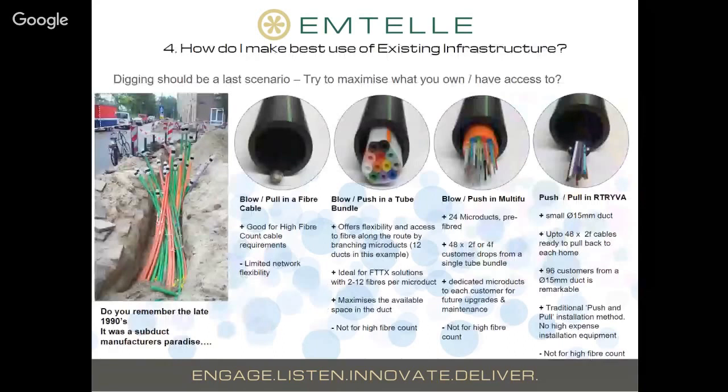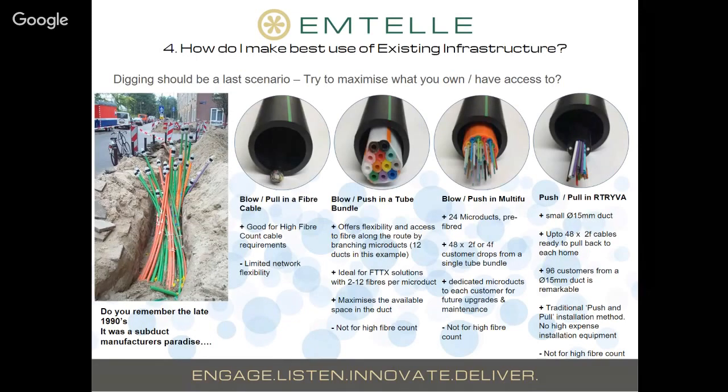On page 4, how do I make best use of existing infrastructure? In Europe, there are over 10,000 kilometres of existing 40mm duct that have not been fully utilised. Traditionally, in the 80s and 90s, a fibre cable was blown into these ducts.